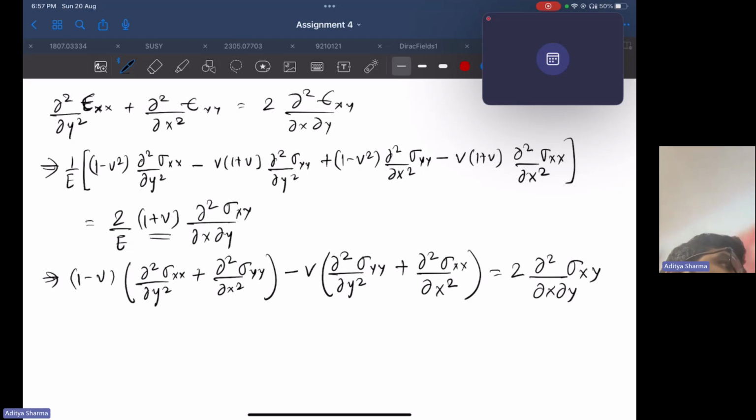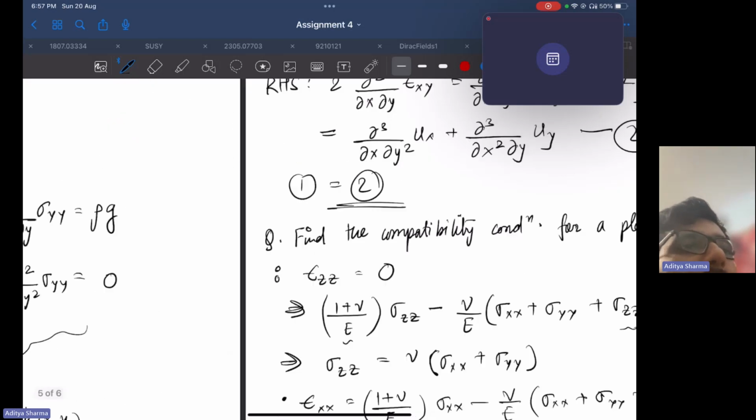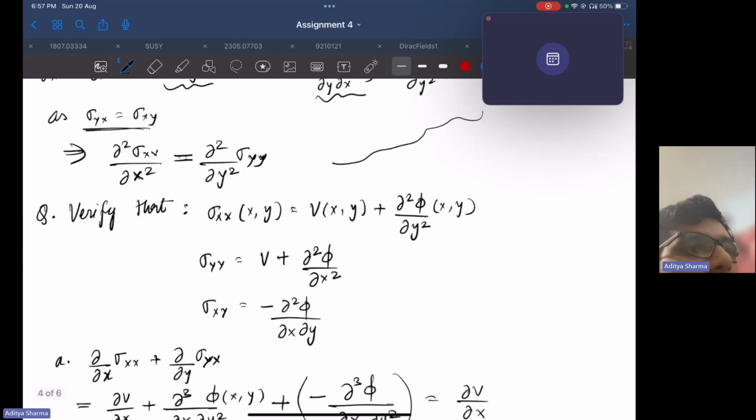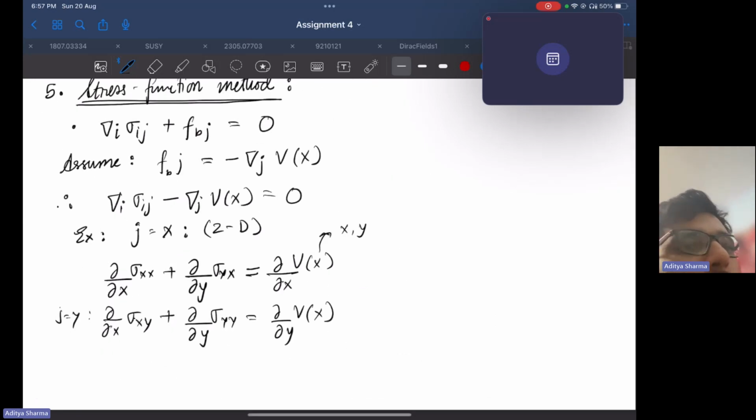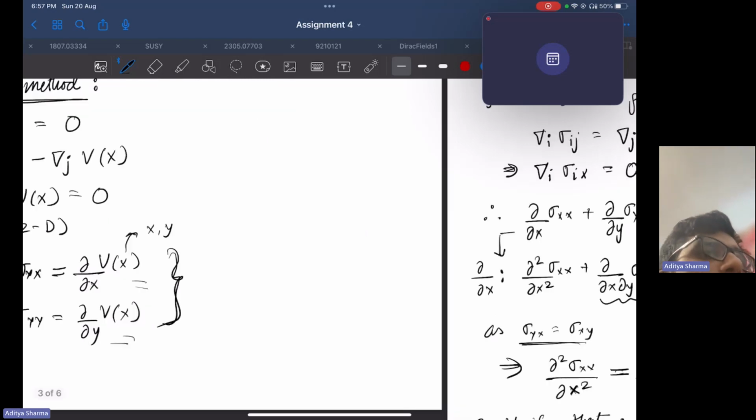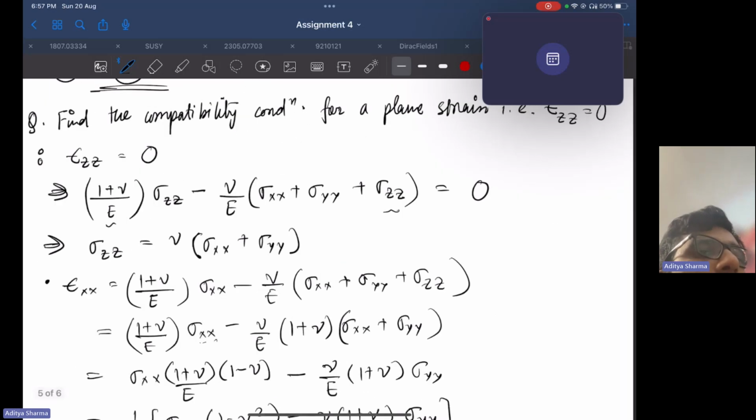Now we know from this condition, where are the equations? We know from these conditions we have a relation between the potentials and sigmas. We try to substitute sigmas from this.